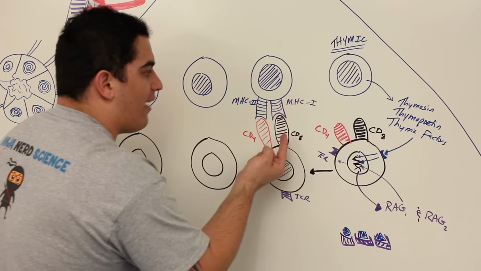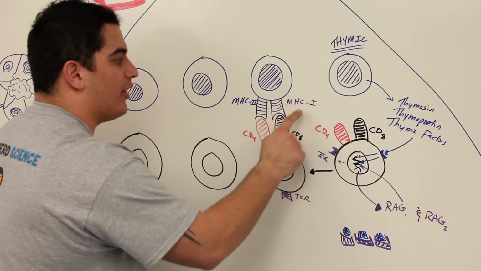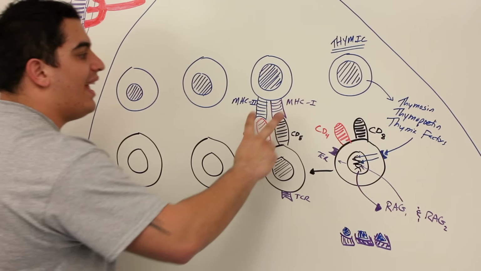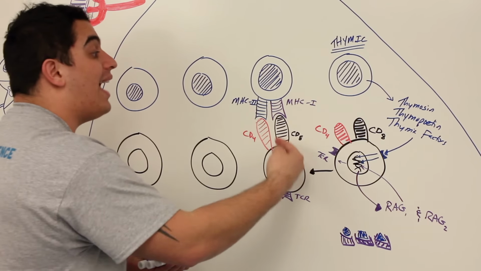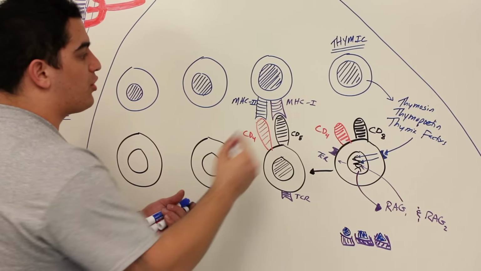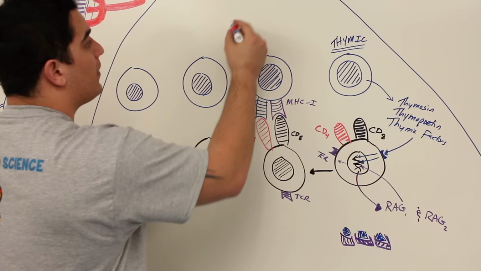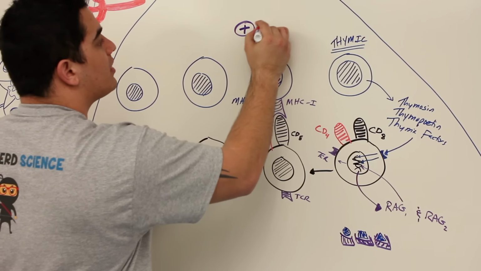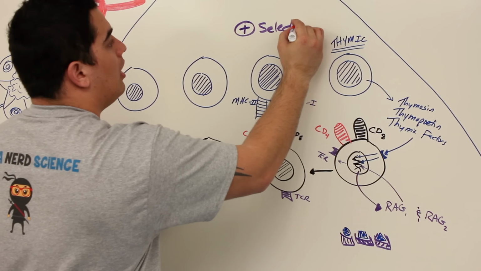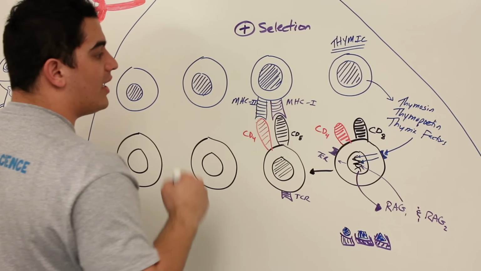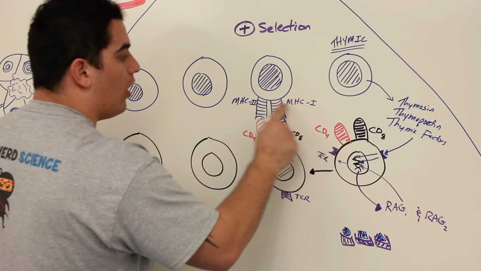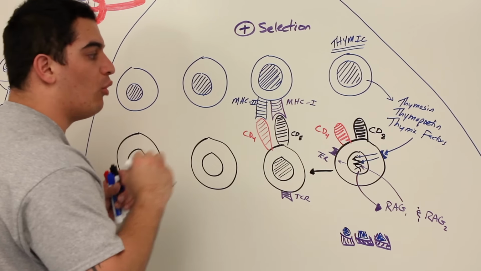If they do interact with these MHC molecules, that's a good thing. They've positively selected this. So this event, where they recognize them, is called positive selection, because these T cells recognized this thymic cell's MHC1 and MHC2 molecules appropriately.